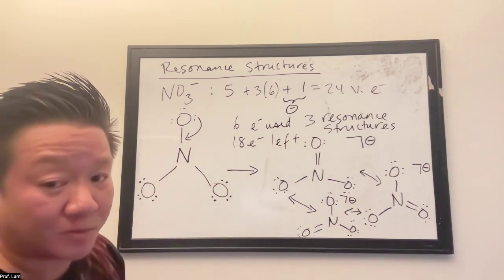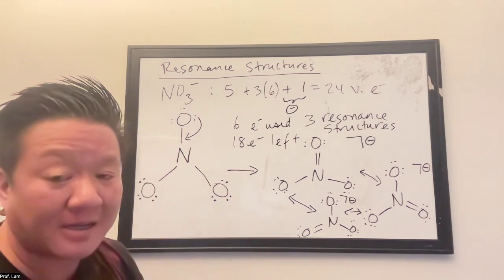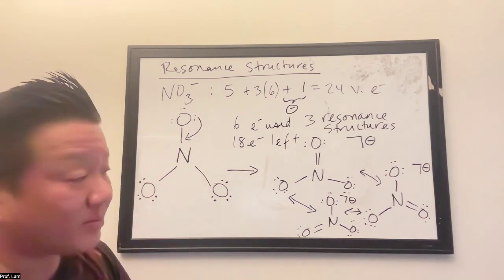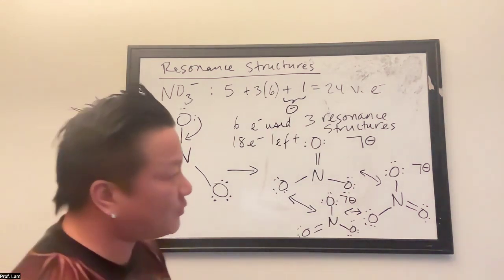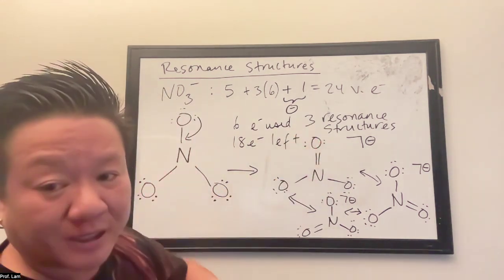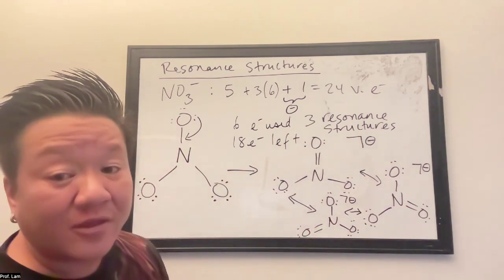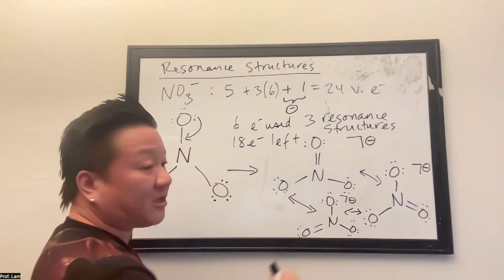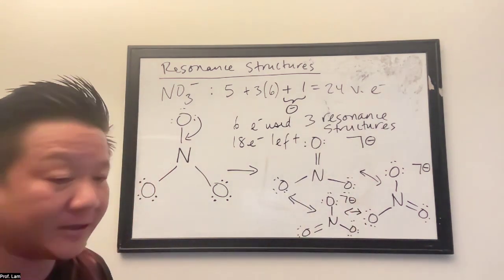And that's not the true picture because electrons are constantly in motion and they're delocalized. That's the word that we use, which means they are spread evenly across the 3 oxygens. So you don't want to just put this picture. You also want to add these 2. Together, these 3 pictures give you the true picture of the nitrate anion.